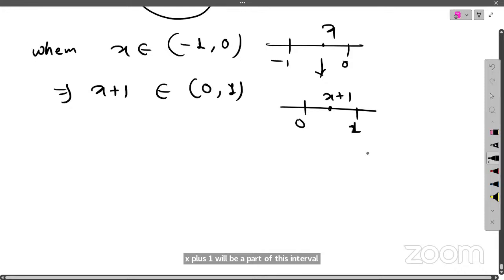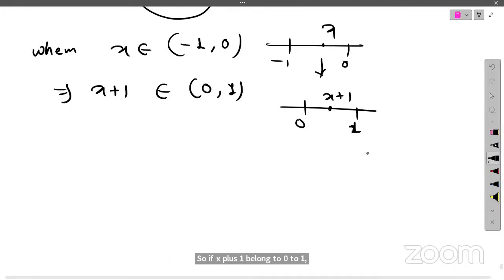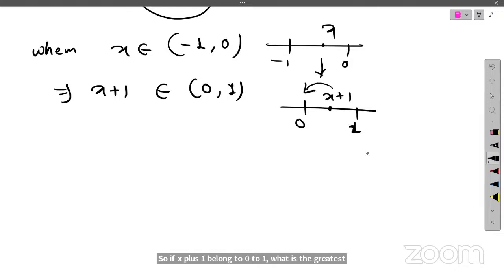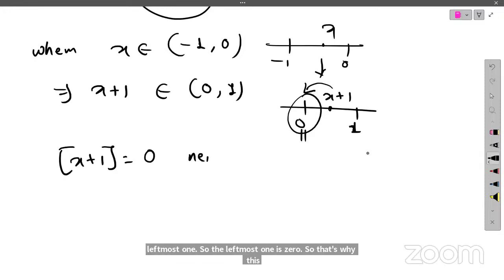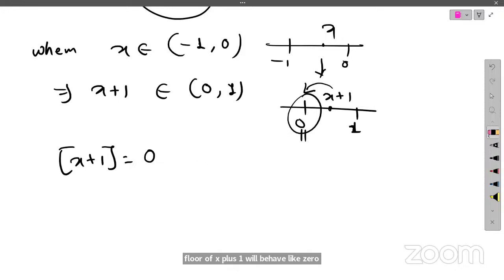If x plus 1 belongs to 0 to 1, what is the greatest integer less than or equal to this quantity? The leftmost one, which is 0. So that's why the floor of x plus 1 will behave like 0 over the left hand side of 0. It is equal to 0 for the left hand side.